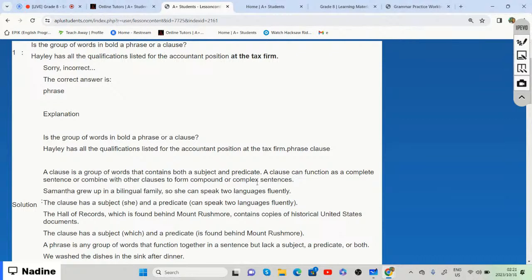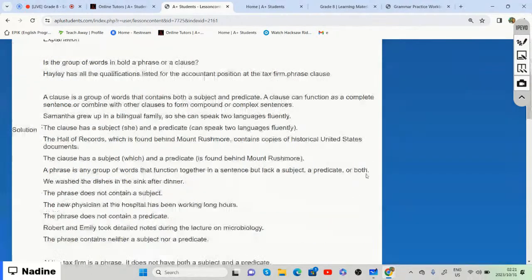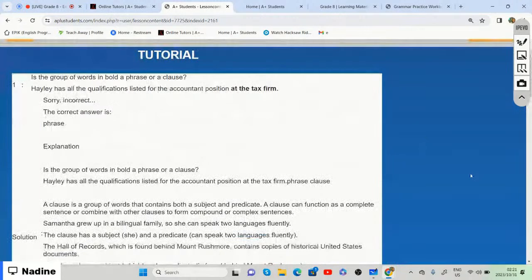So now, if we look at our activity, it says: is the group of words in bold a phrase or a clause?